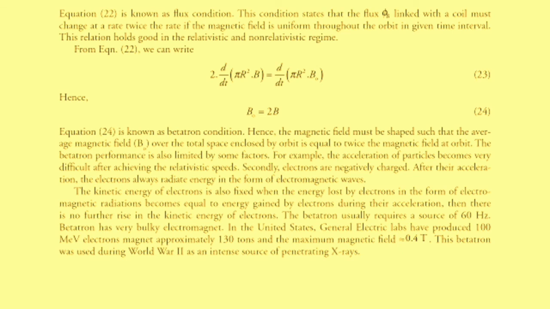Equation number 22 is known as the flux condition. This point is very important. This condition states that the flux φ_B linked with a coil must change at a rate twice the rate if the magnetic field is uniform throughout the orbit in a given time interval.